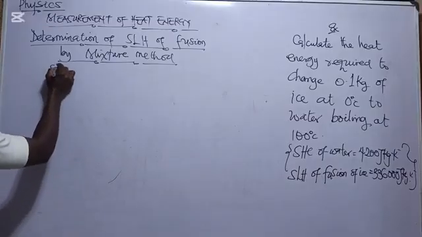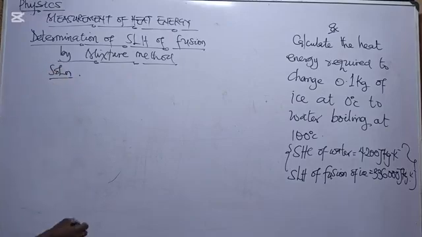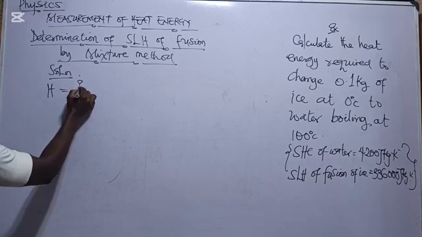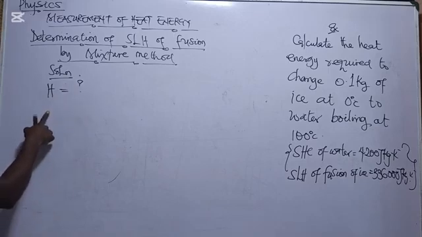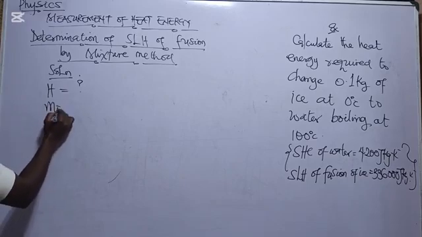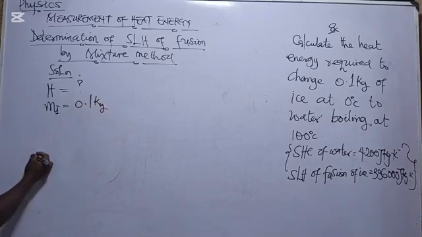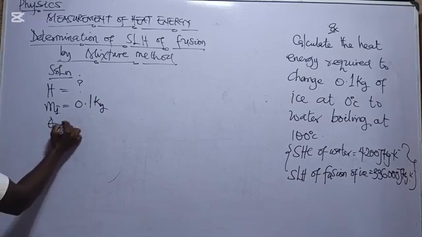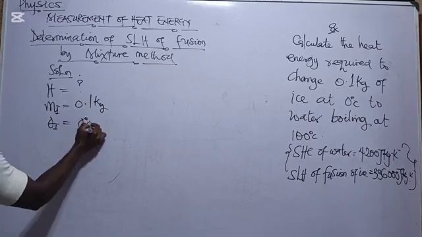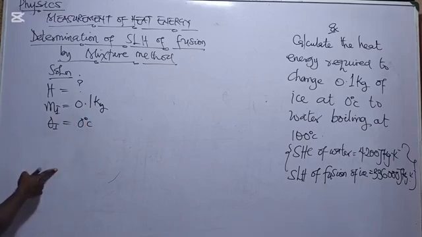So solution to the question, calculate the heat energy. So we are required to find H, required to change 0.1 kilogram of ice. So we have the mass of the ice given as 0.1 kilogram at temperature 0 degrees Celsius. That's the temperature of the ice is 0 degrees Celsius, to water boiling at 100 degrees Celsius.